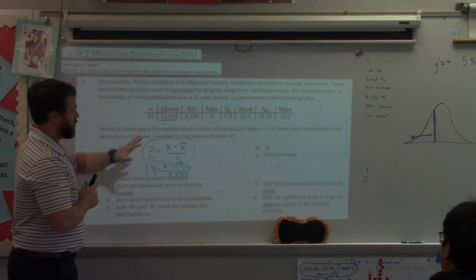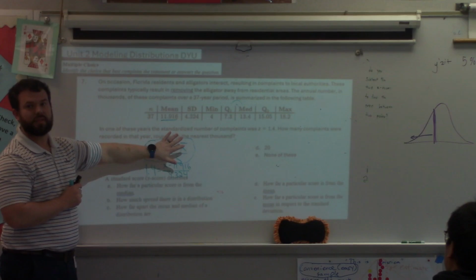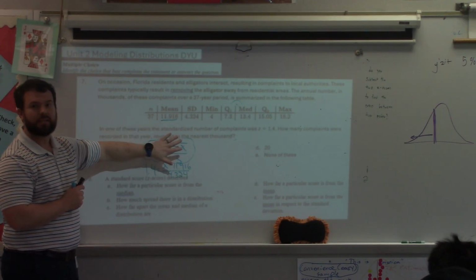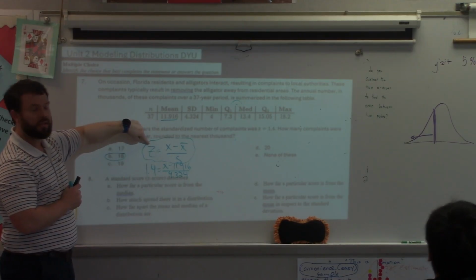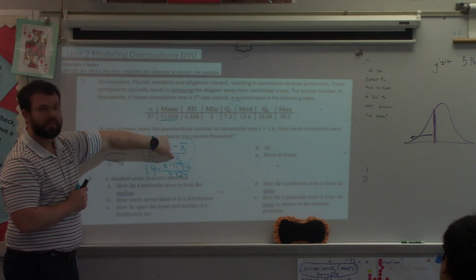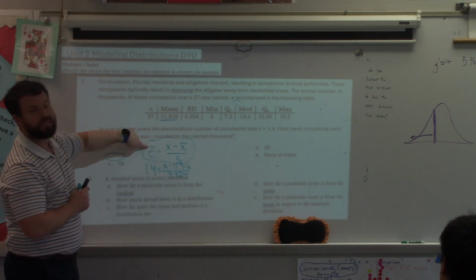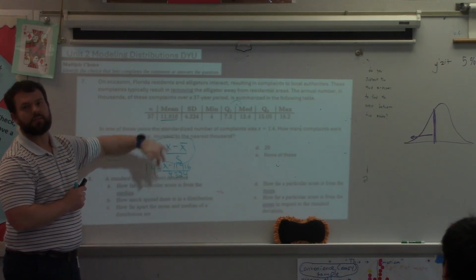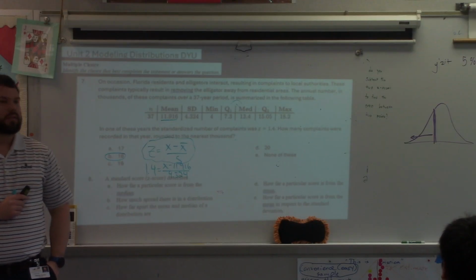That's how we calculate a z-score, the number of standard deviations above or below the mean. Sometimes I'll ask you for the z, and you plug in your value, the mean, and the standard deviation. Here, I gave you the z-score, the mean, and the standard deviation, so you plug that in and find your value.